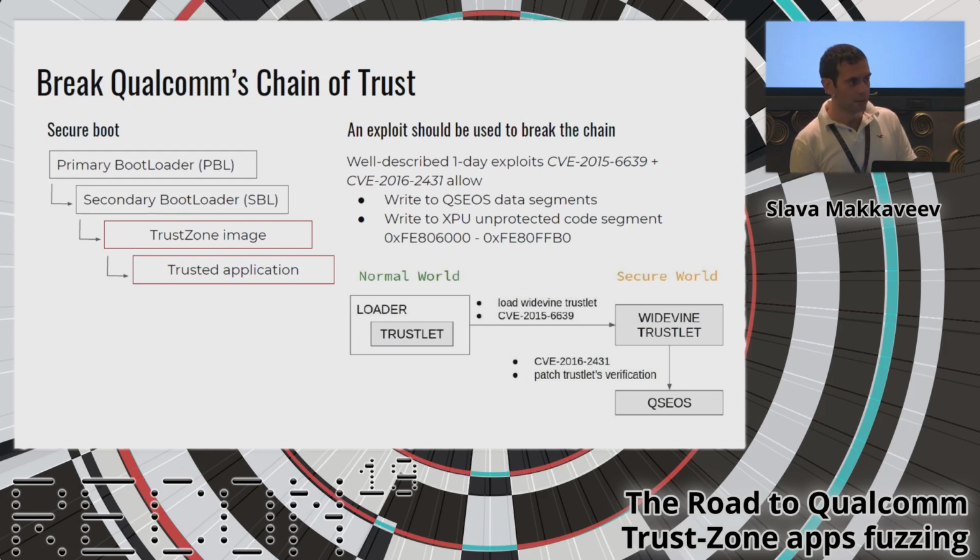There is no way to break this chain without an exploit, and I used what is well described as a one-day exploit, which allows writing in QC memory in case it's not protected by hardware. And my goal was to use this exploit to break the trusted verification implemented in the trusted OS.